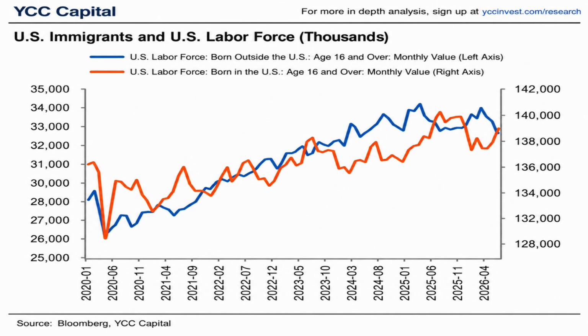These demographic dynamics will likely remain an important structural theme over the coming decade. Absent continued immigration, labor force growth would slow considerably, limiting potential economic growth and placing renewed upward pressure on wages.